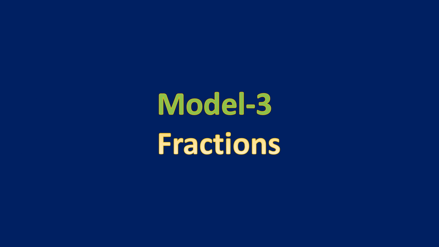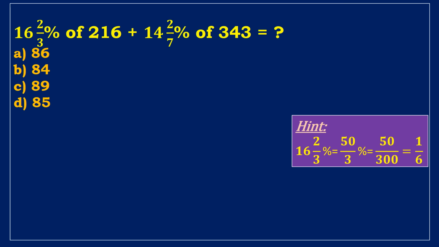Let's look at some examples to understand the fraction concept. The first example is simplifying 16 2/3% of 216 plus 14 2/7% of 343. The fraction of 16 2/3% is 16 into 3 plus 2 over 3 percent, or 50 by 3%, or 50 by 300, or 1 by 6.